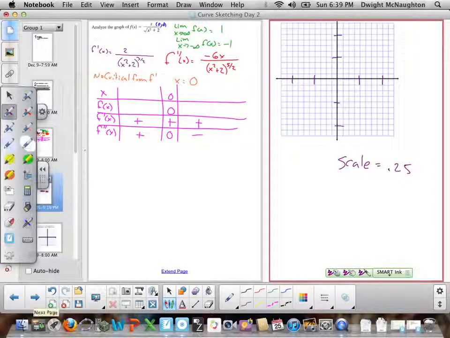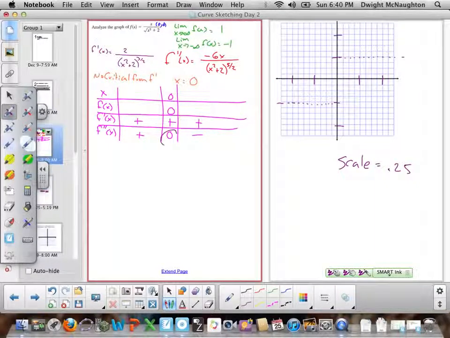Otherwise, it's all going to pinch down and be really hard to see. So as we approach infinity, our graph approaches 1. As we approach negative infinity, our graph approaches negative 1. The important point here is our inflection point, 0, 0.